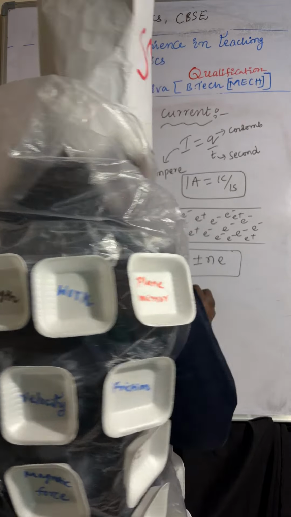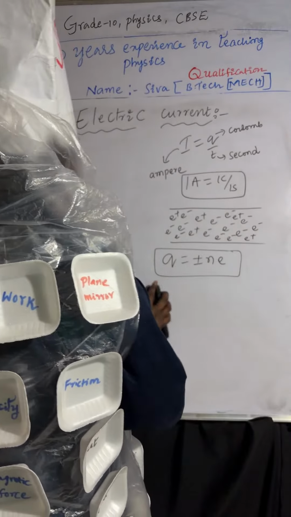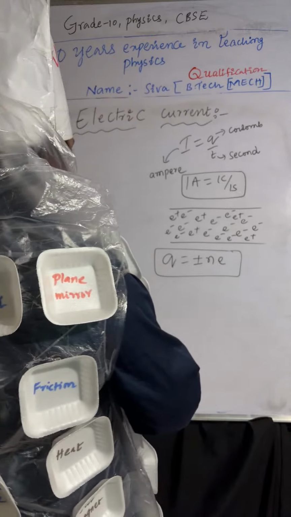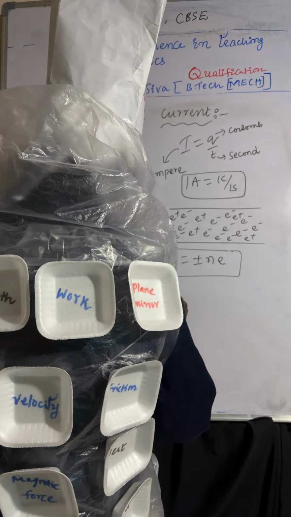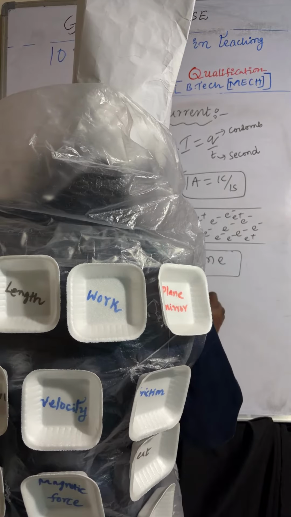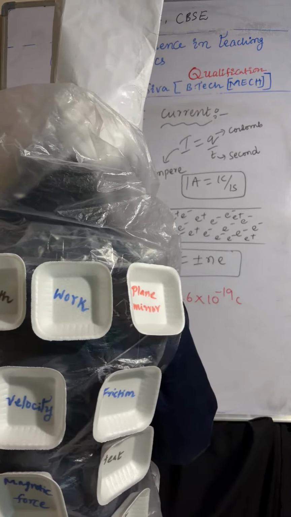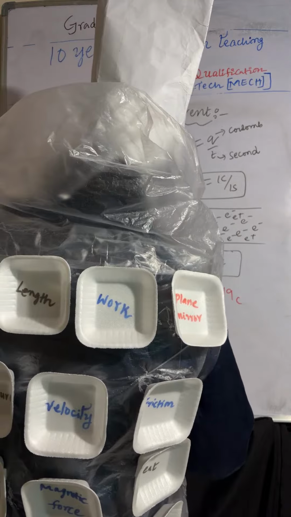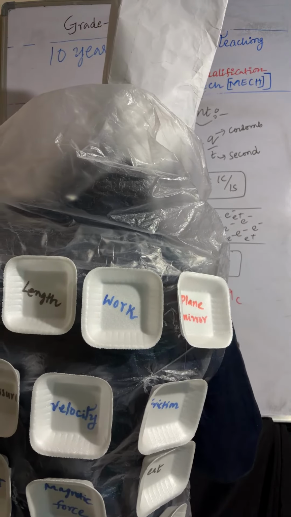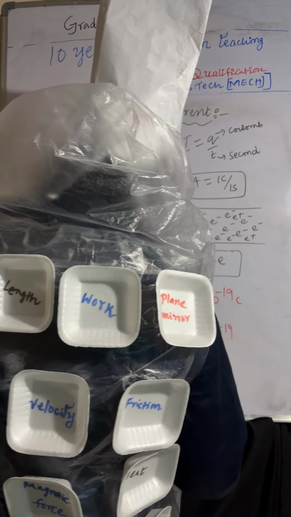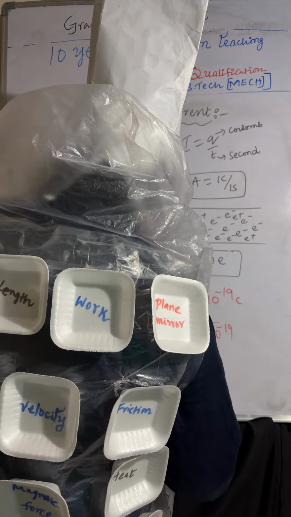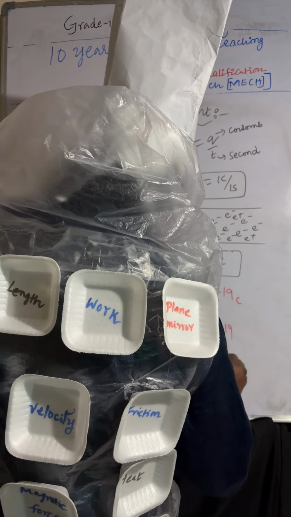How much charge is present on one electron? 1.6 into 10 power minus 19 coulomb. In 1 coulomb, the number of electrons is 1 by 1.6 into 10 power minus 19, which is 1 by 1.6 into 10 power 19.